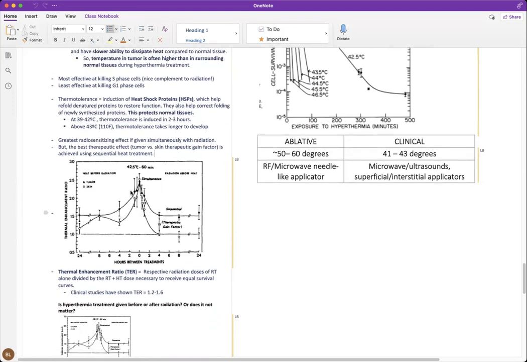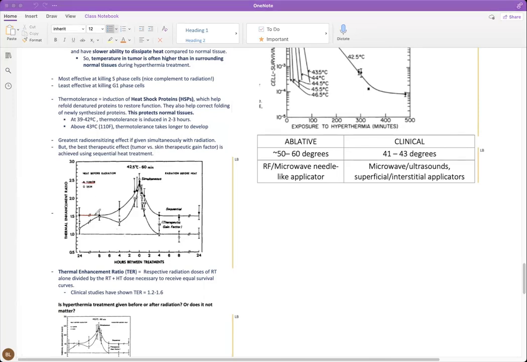So this is a graph showing total killing. Let's do some color here really quick.